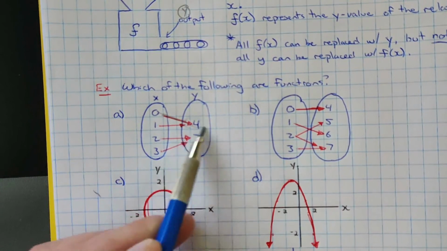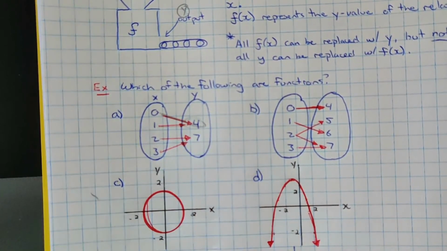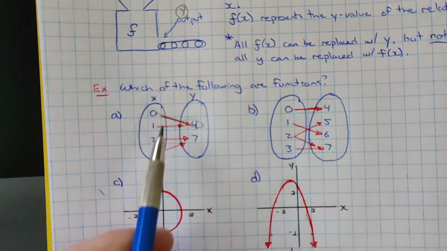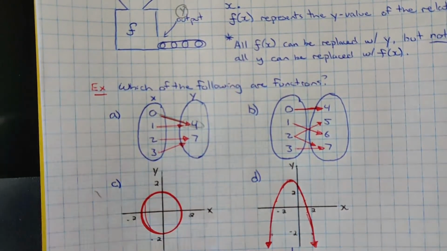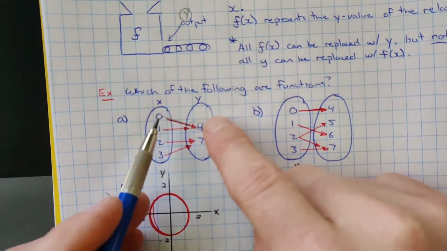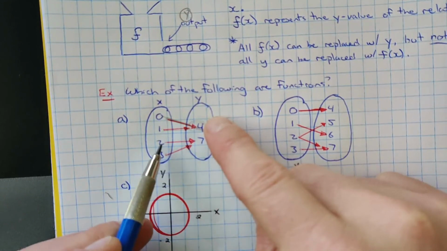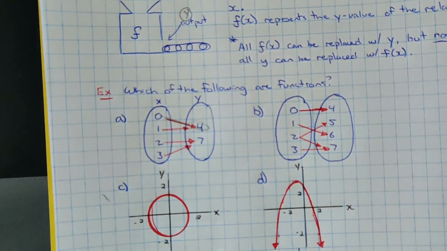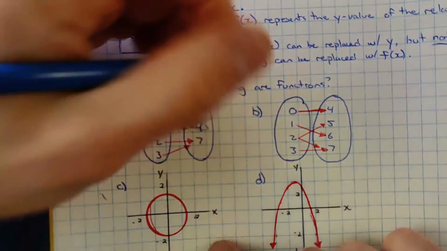It maps to one value. 1 has one value. So in this case, each x value maps to a single y value. The y values don't have to be different as long as each x maps to a single y value, which it does. 0, 1, 2, 3 each have one line coming off them. This is a function.